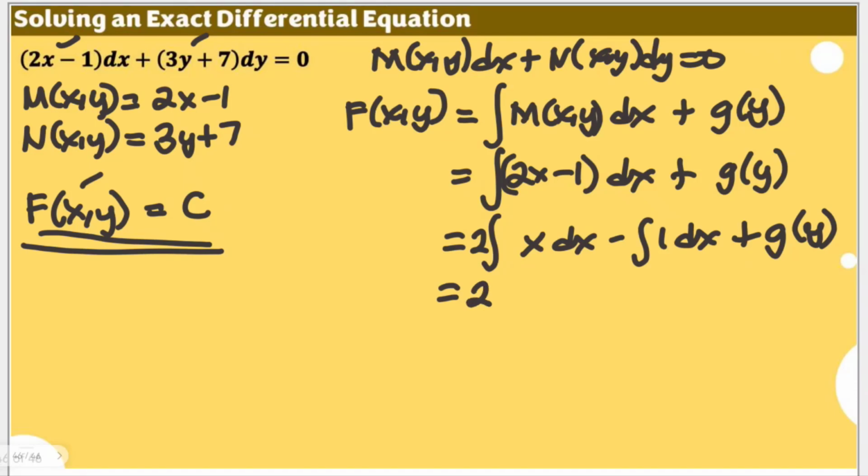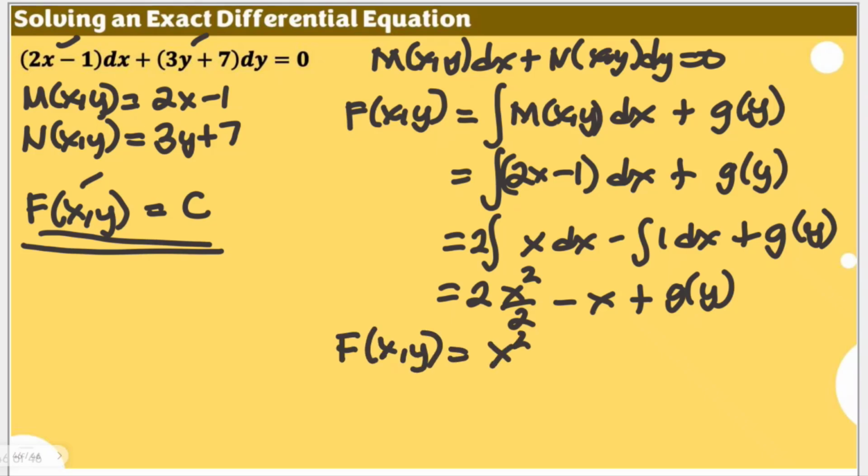This is x squared over 2. Let's just leave the constant c for later. You have here minus x, because that's the integral here, and you will have plus g(y). Therefore, f(x,y) is equal to x squared minus x plus g(y).